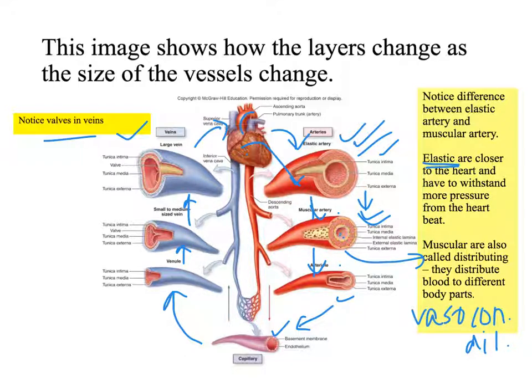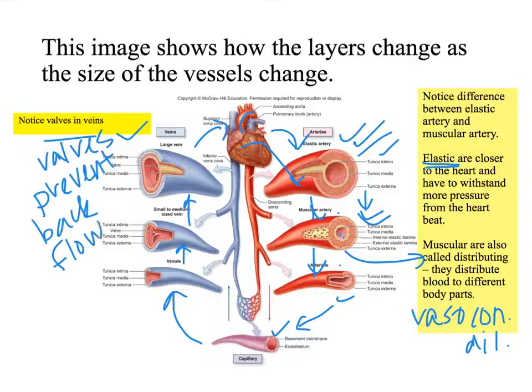The purpose of the valves is to prevent backflow of blood. We want the blood to be going in one direction. We don't want it sinking to your feet every time you stand up. And we'll talk about that more.